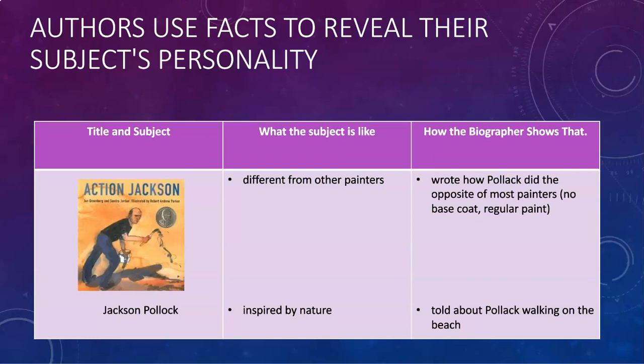He used regular house paint. He didn't even use a brush. And I know that he's inspired by nature because the biographer told about Pollock walking along the beach and sitting for hours on the grassy dunes. I know that he did those things because the biographer wrote in such a way that helped me infer that.